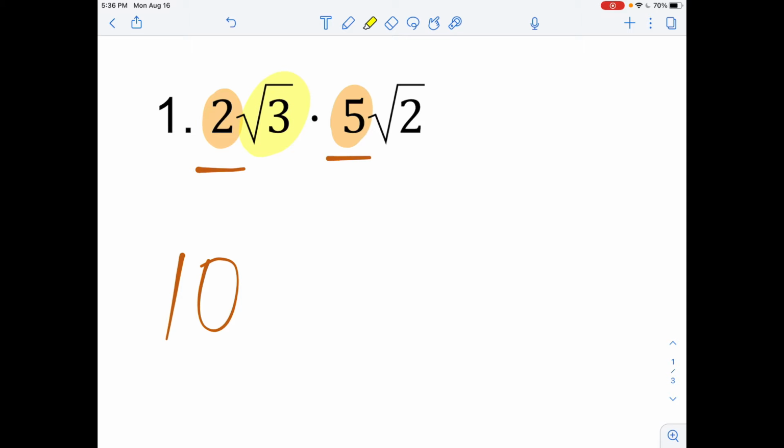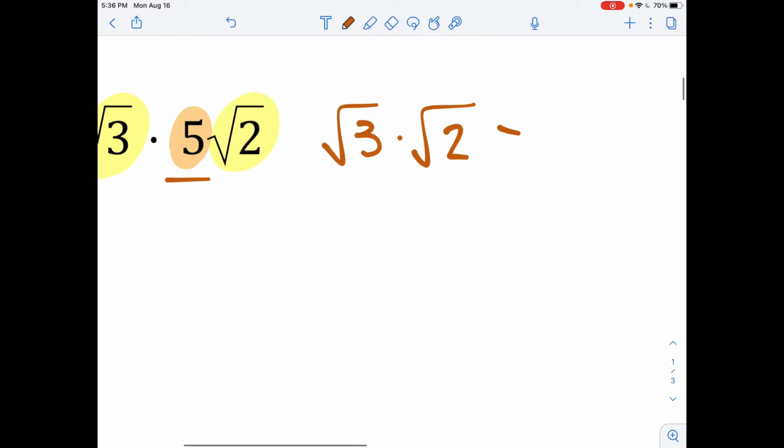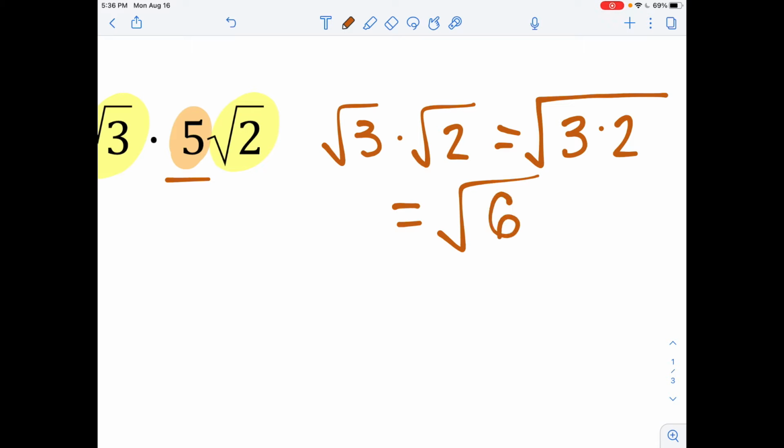Then I deal with my radicals. That's square root 3 times square root 2. I'm going to write this off to the side. What happens here? Well, we can actually combine these. Using the rules of radicals, when we multiply two radicals together, essentially they just go under one radical. So really this is the square root of 3 times 2, which in your mind you're thinking, okay, that's square root 6.